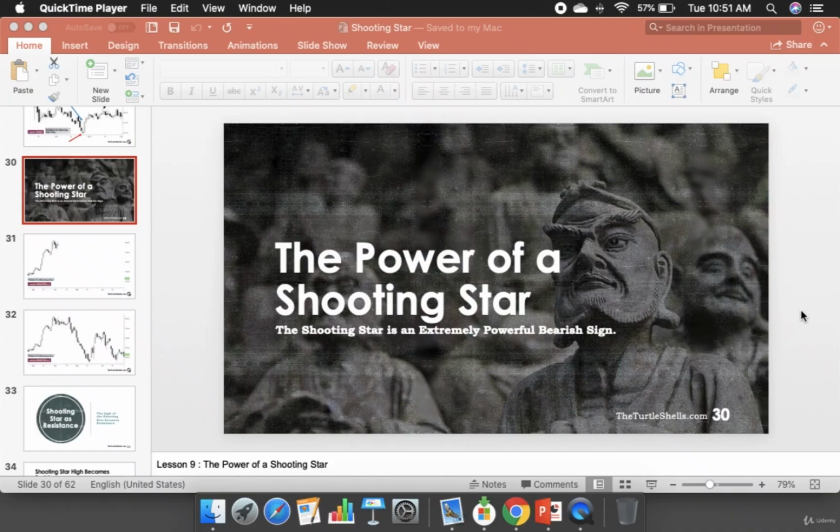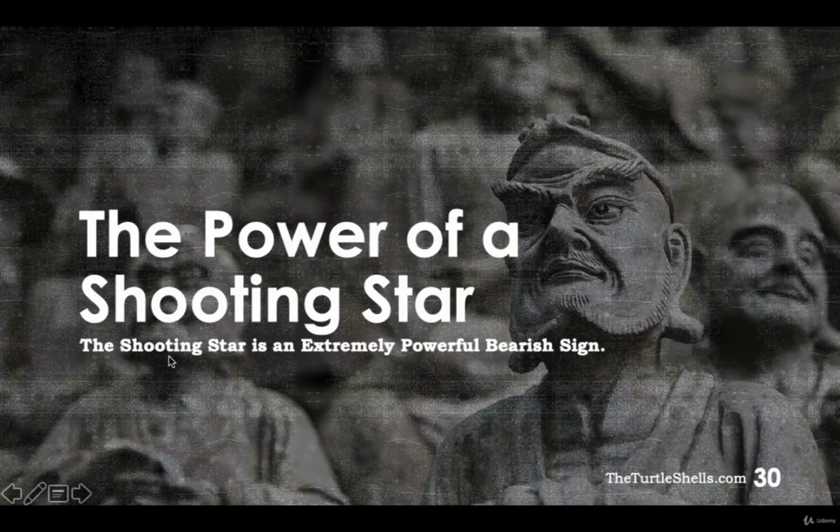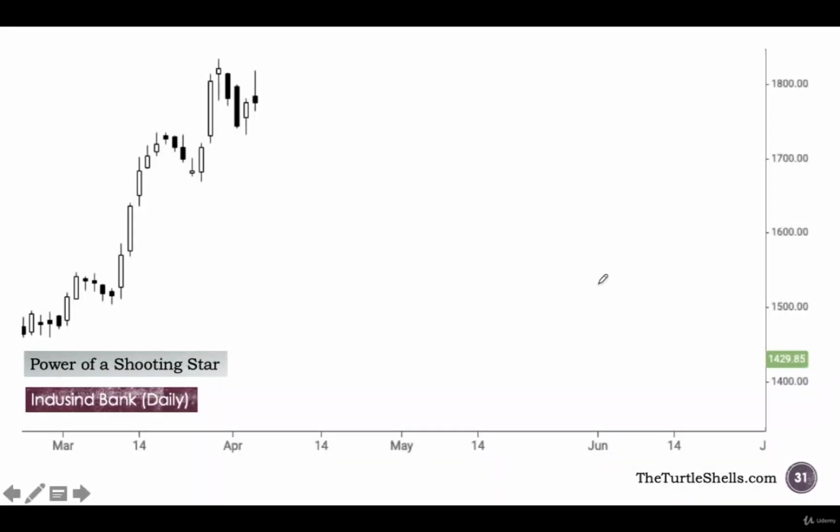Right. Now let us have a look at the power of a shooting star. The shooting star is an extremely powerful bearish sign, especially when it is coming after a prolonged uptrend. In this case, we have the daily chart of IndusInd Bank. We are looking at the power of a shooting star.